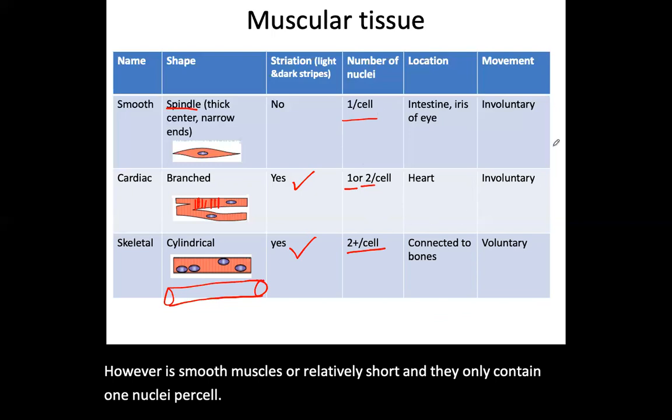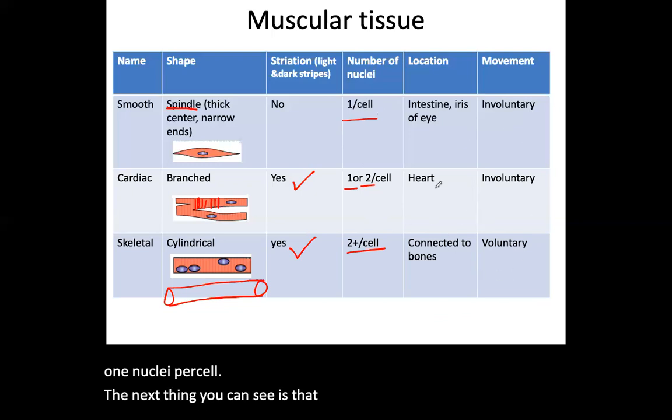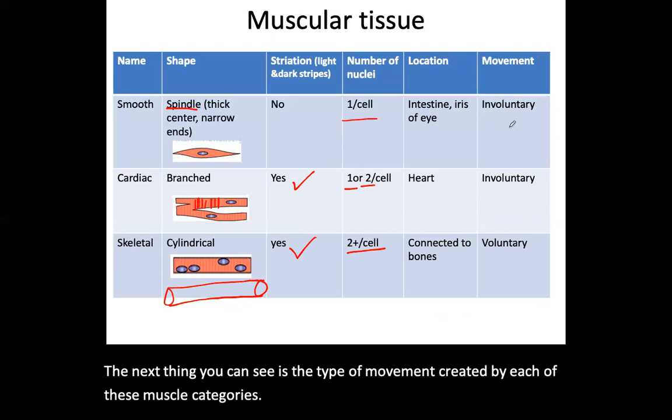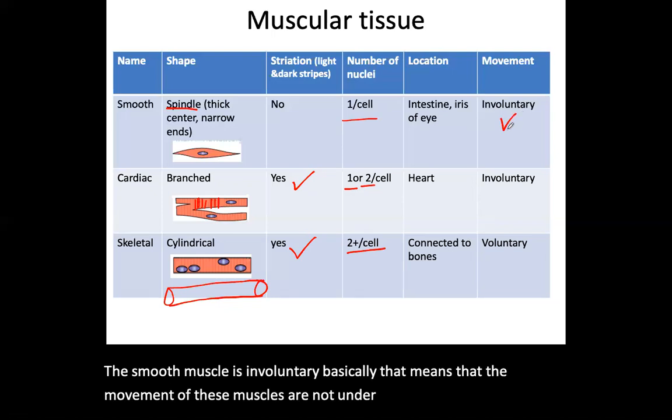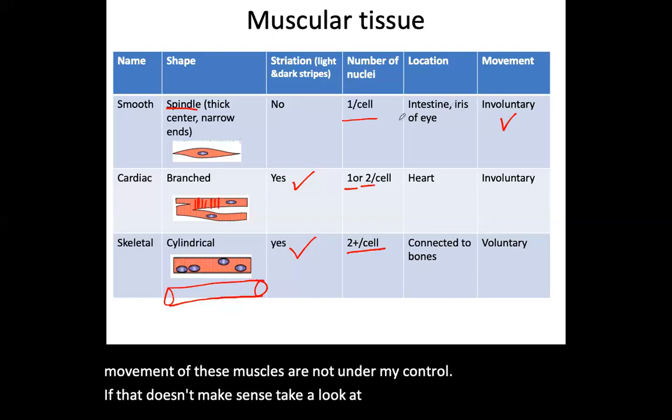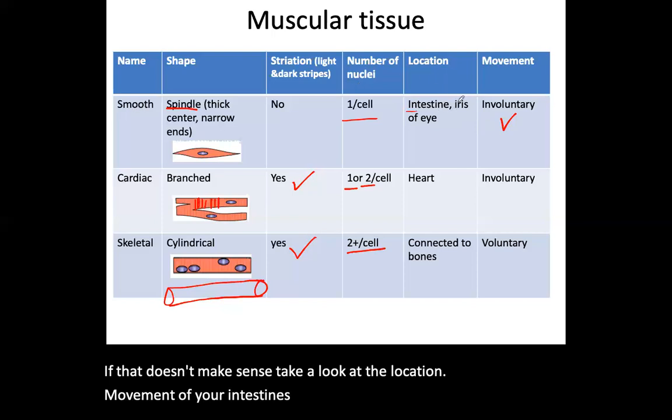The next thing you can see is the type of movement created by each of these muscle categories. Smooth muscle is involuntary. Basically, that means that the movement of these muscles is not under my control. If that doesn't make sense, take a look at the location. Movement of your intestines is created by smooth muscle.